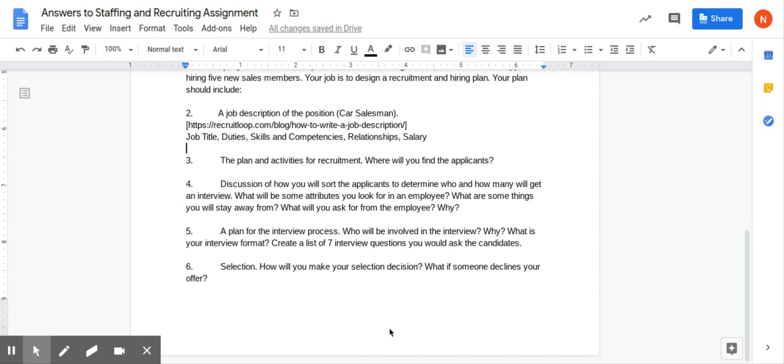If someone declines, what are you going to do? Are you going to restart the interview process, or are you going to bring in somebody that didn't make the cut before? Because you still want good workers for you. So do you want your 8th, 9th, 10th best option now working for you, or do you want to just restart? That's kind of up to you. You get to decide on that.